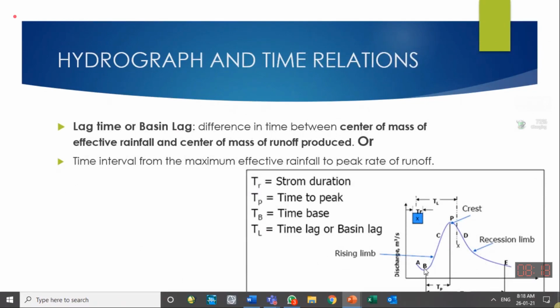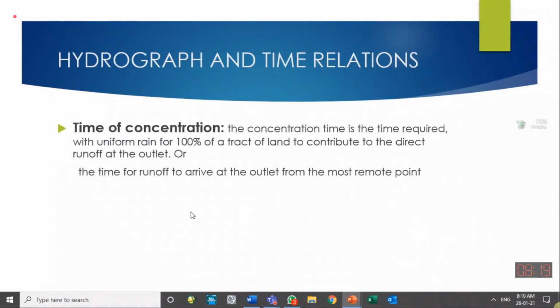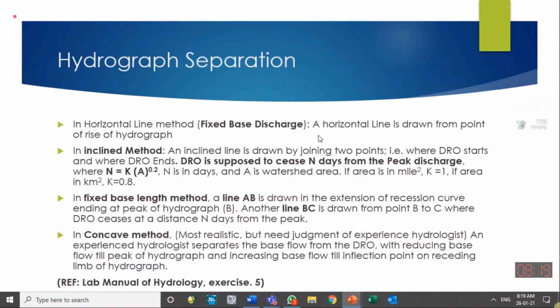So that is the point of rise. This B point is the point of rise. This value is usually selected as the base flow, and a constant base flow line is drawn over here. Wherever it joins over here, anything above this line is the direct runoff, anything below this line is the base flow. So that is one method, the straight line method, or sometimes we call it the horizontal line method.